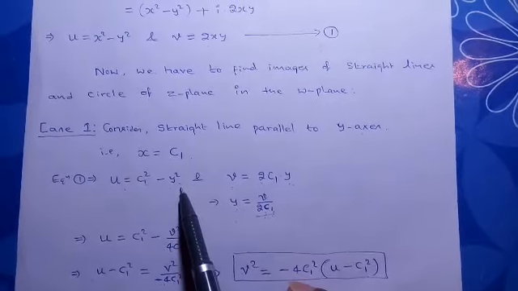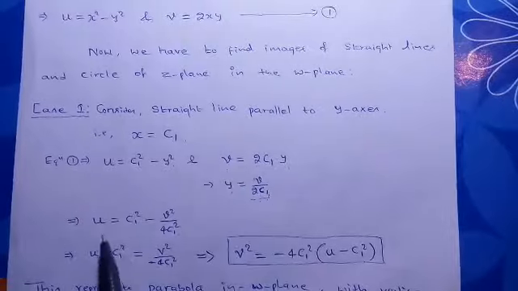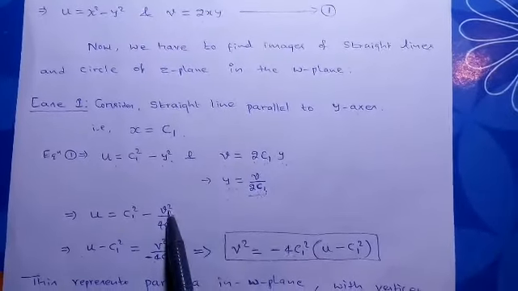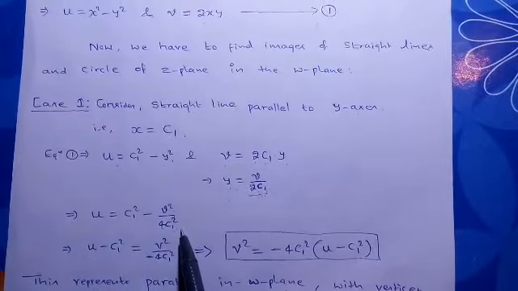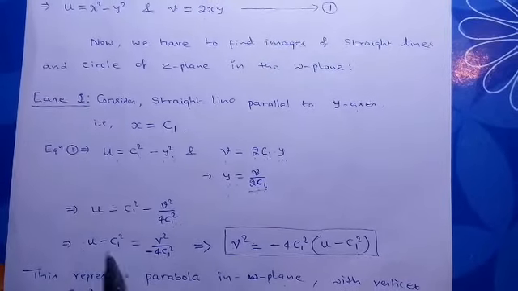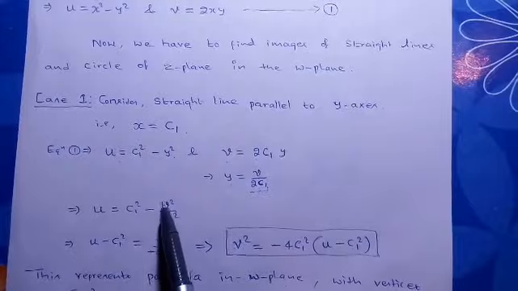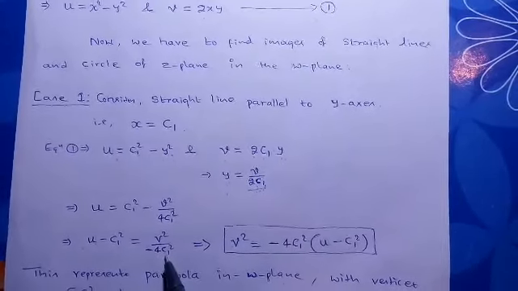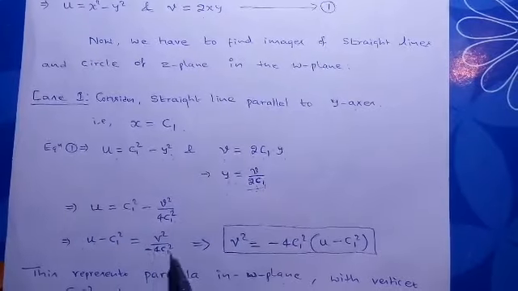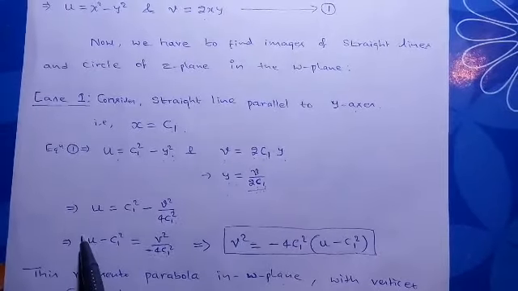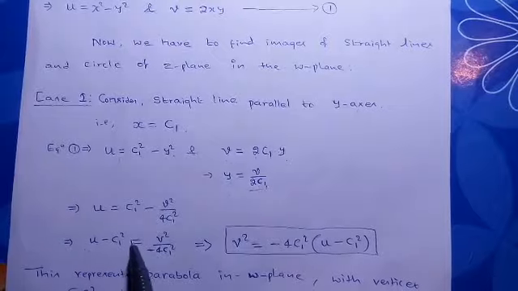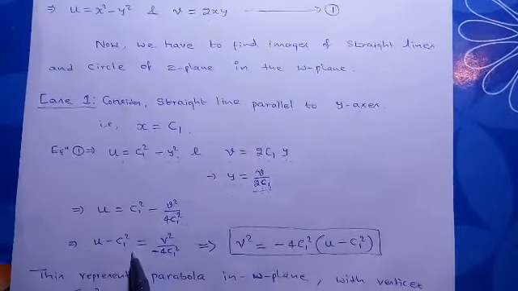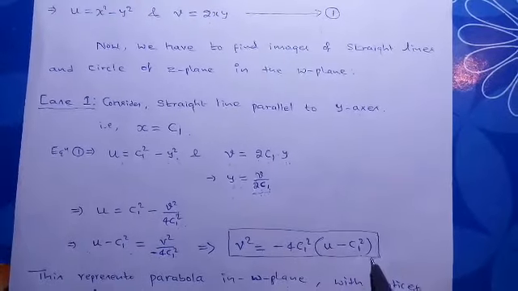Substitute this value here, it becomes u equals c1 square minus v square by 4c1 square. Transfer this term to the LHS, and cross multiply this term, we get v square equal to minus 4c1 square times u minus c1 square.